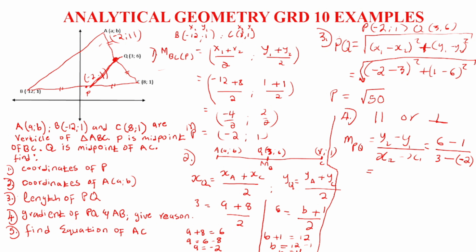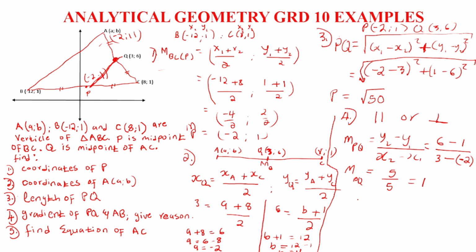So if you punch this in your calculator, you should have 5 over 5, which gives you 1. So therefore the gradient of PQ should give you 1. Okay, great stuff.